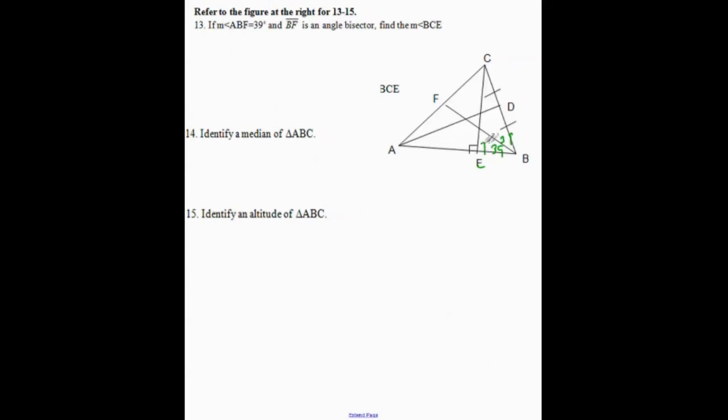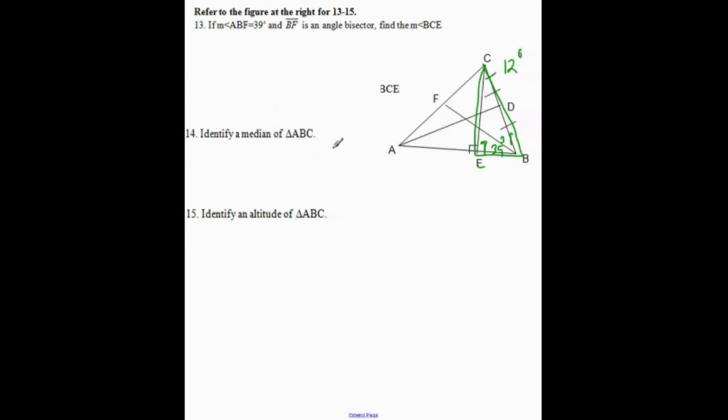This is 90. So we have to figure out what this angle is. Well, these two have to add up to 90, because see this triangle right here? That's what we're looking for. So we're just going to add 39 plus 39 and subtract it from 90. So that's 60 plus 18, 78, so 12. So this is going to have to be 12 degrees.